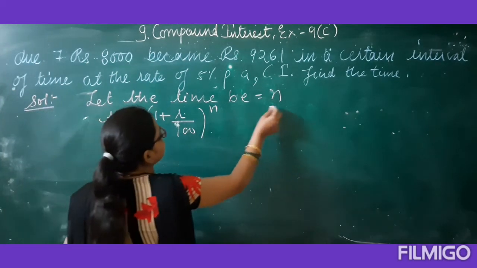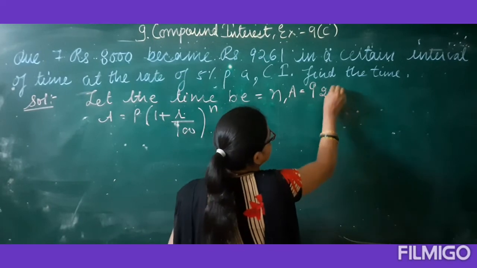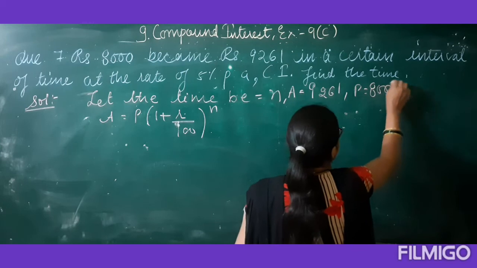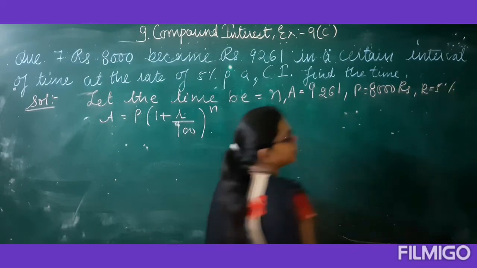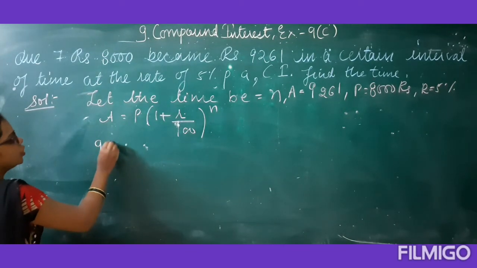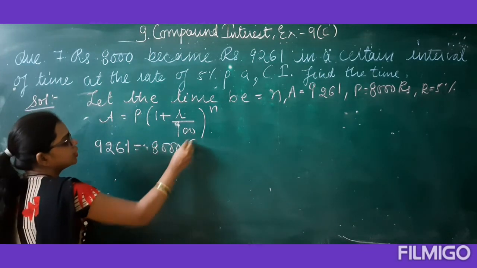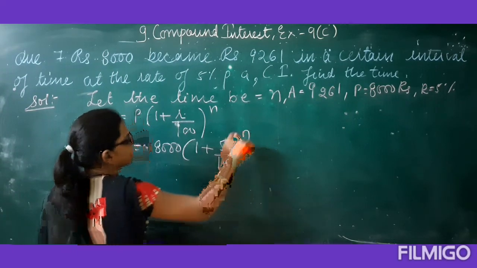Amount is given as 9,261 and principal is given as 8,000 rupees. Rate is given as 5% here. Now substitute the values. Amount is 9,261, principal is 8,000, 1 plus 5 upon 100 to the power n, and you have to find n.